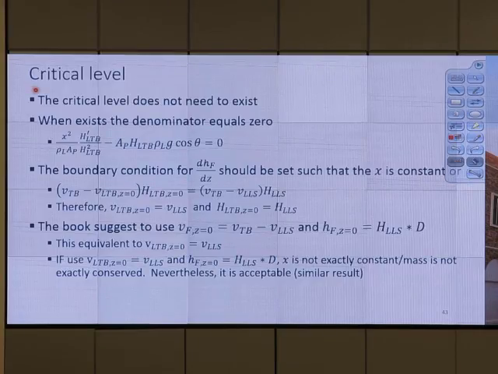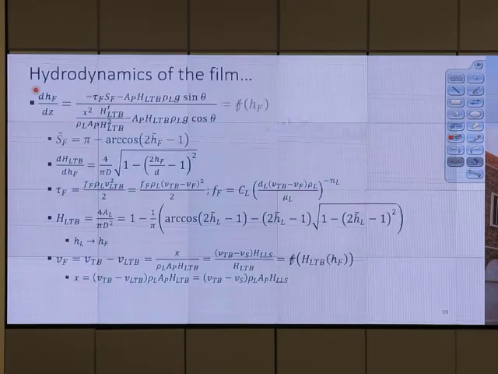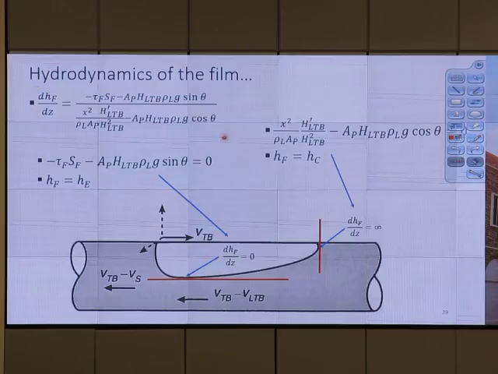Let me ask you this. When we have slug film, how long should the film be? As long as you want, or what? In other words, when do we stop the integration? Arya? This can go on and on, right? When do we stop it?